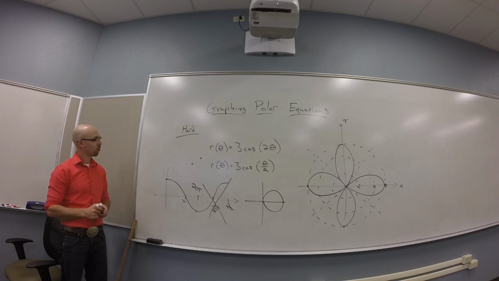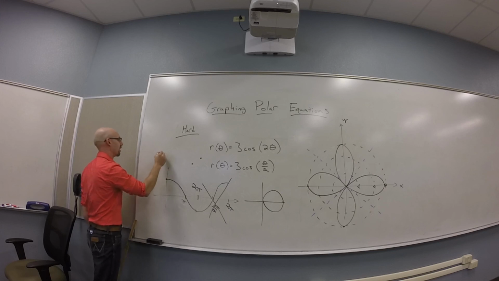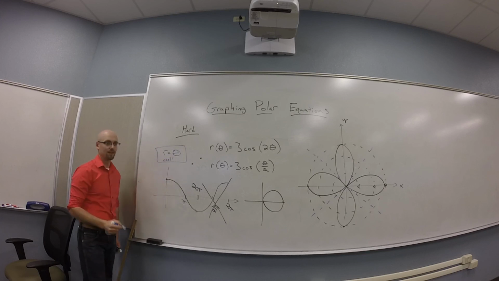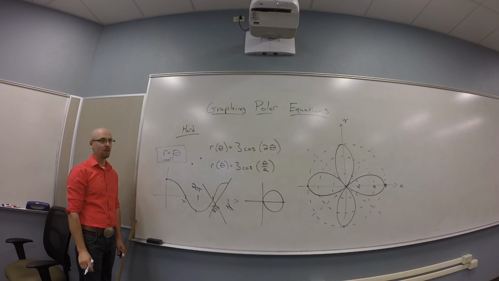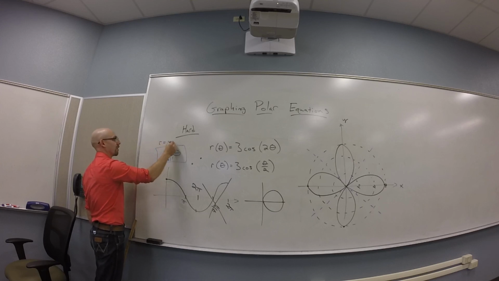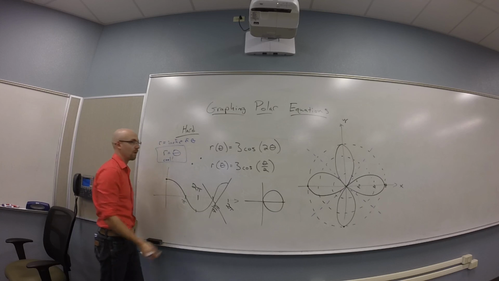You can make other cool things. You can make really cool things by doing something like r is theta. This is a cool shape. That's a spiral. Yeah, this is some kind of a funky spiral. You can make some other kind of funky spirals by doing r is some kind of increasing function of theta.